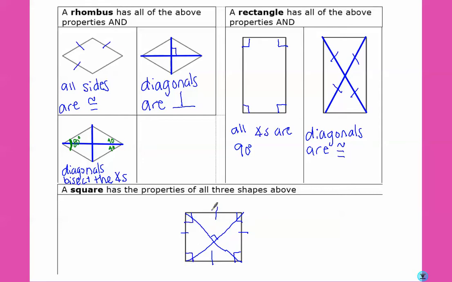And the diagonals are going to bisect that, so this little piece over here would only be 45 degrees. And the diagonals are congruent. So this equals this equals this equals this, and everything we wrote on the top for the parallelograms. Squares just got a lot of rules going on.